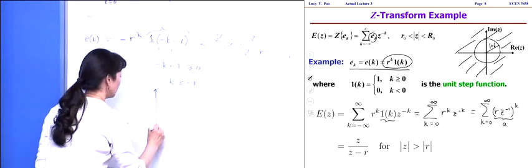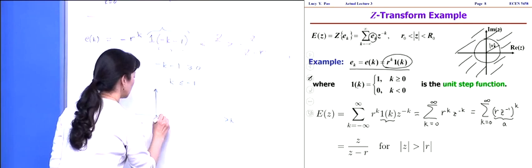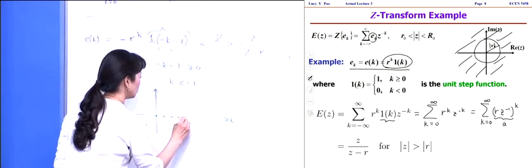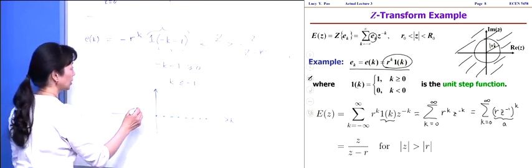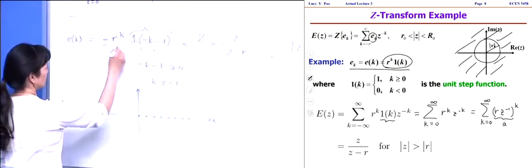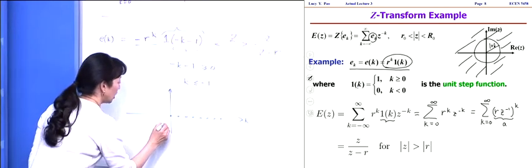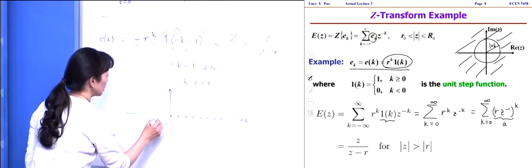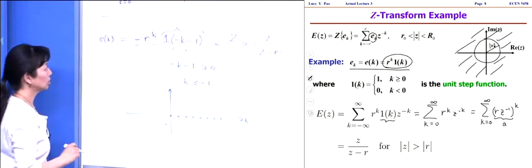So if you plot this out as a function of K, it's going to be 0 for all non-negative K. And then it'll be, let's say R is a half. Okay, so then it'll be minus a half here, and then it'll be minus a quarter, minus an eighth.